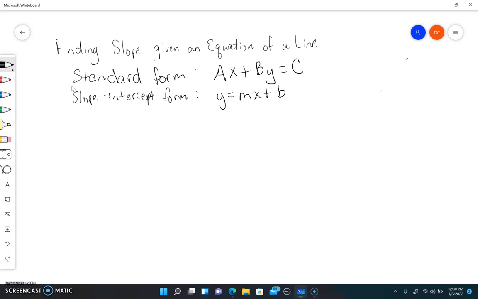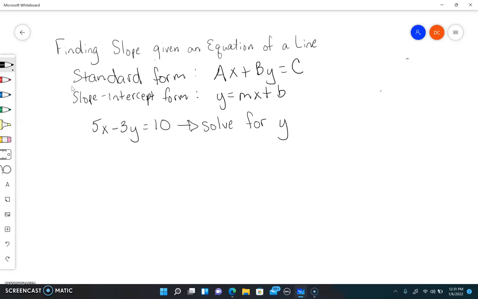Okay, so I'm going to take this same equation, this 5x minus 3y equals 10, and I can't remember how to find the slope from this. But I do know how to find the slope in y equals mx plus b form. So I'm going to take this and I'm going to solve for y.